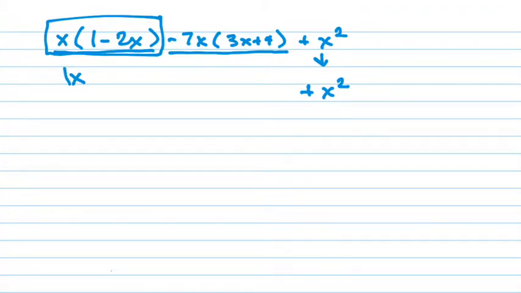Now, if I was doing this, I would probably leave the 1 there until I'm done, because you know there's going to be more in a minute, and they're going to be like terms. So now we'll take the x times the negative 2x. Positive times a negative is a negative. Nothing times 2 just stays, and x times x makes x to the second, or x squared.